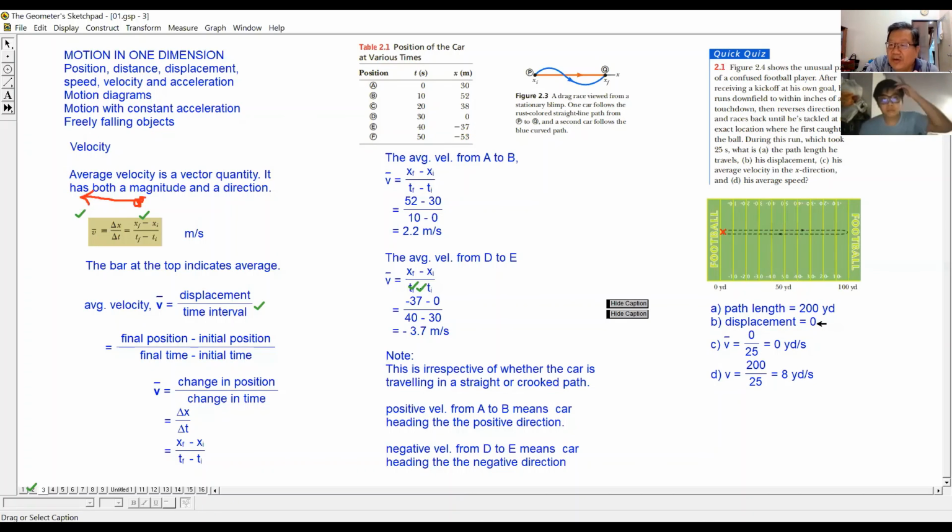Average velocity you make use of displacement, average speed you make use of the path length. And when you divide, you get 0 velocity and average speed 8 yards per second. Okay, this one you told me everything, so you should understand. I can go on to the next one. Okay, next one. This one.